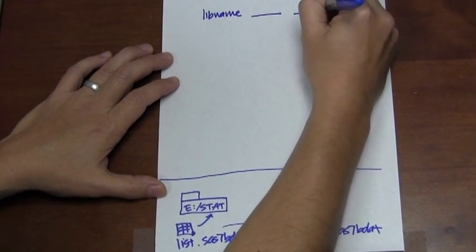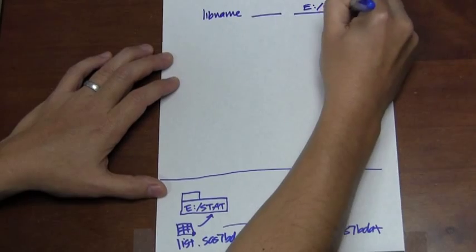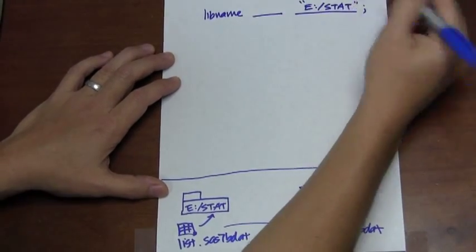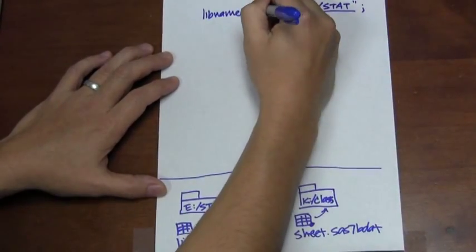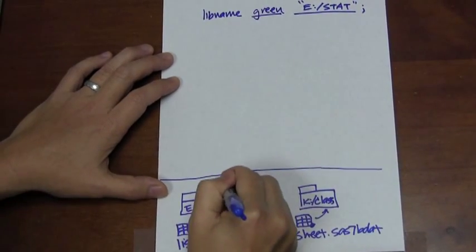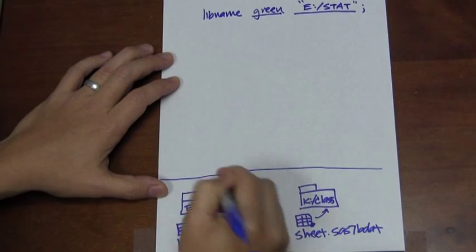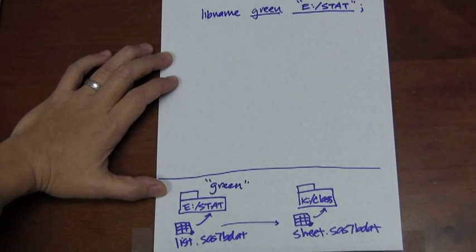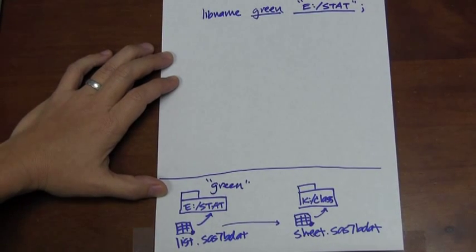That physical location is estat. And again, you could use whatever word you want to use there. I'll use the same word I used before, and it's green. So I know that from SAS's perspective, anytime it sees the word green in reference to a dataset matrix, it'll know we're talking about that stat folder on the E drive.